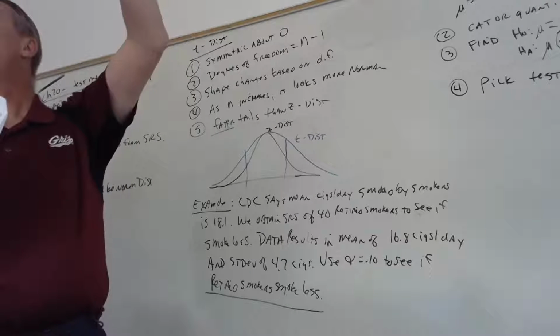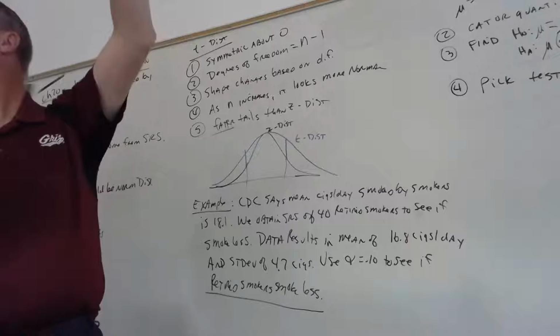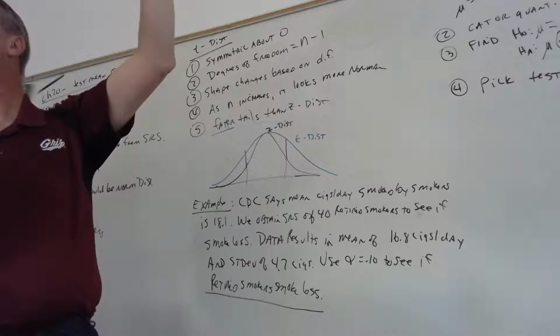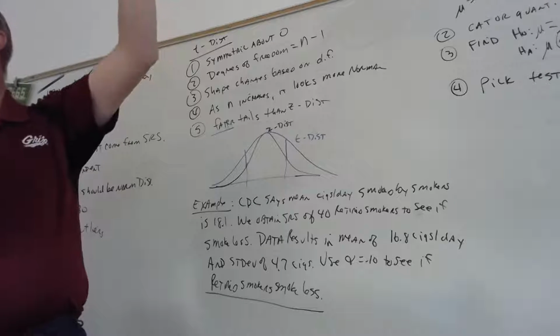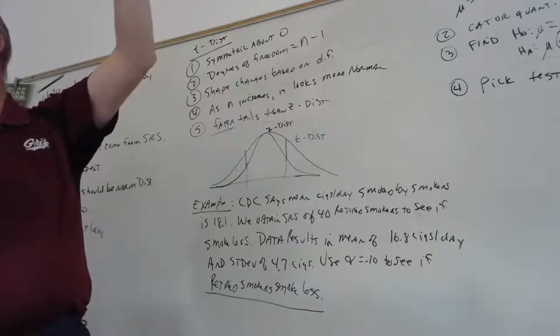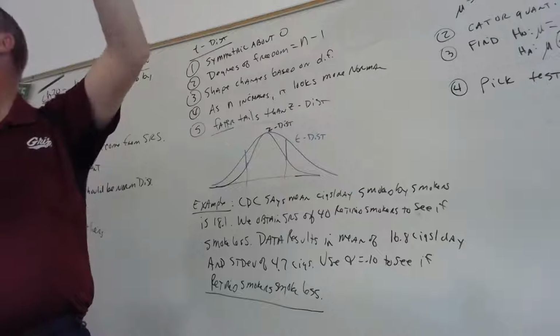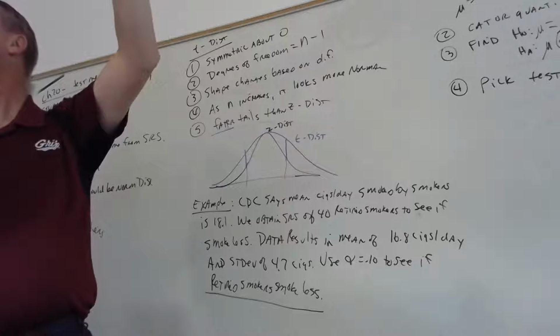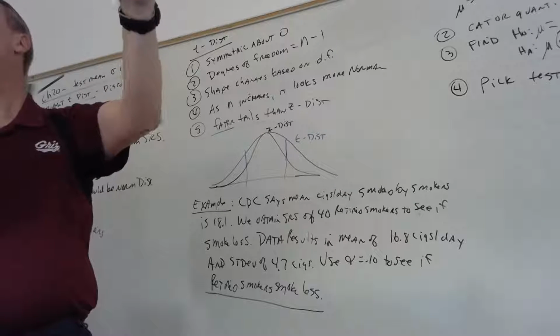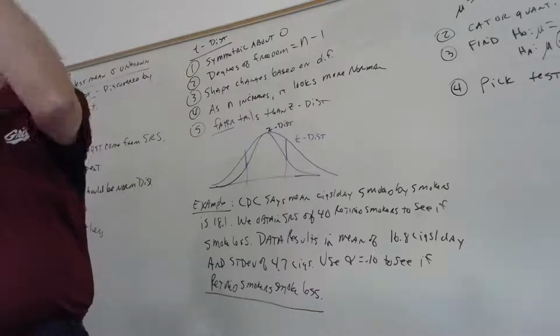But our sample mean is known. So it's either a Z or a T test, right? How do we know? Is the population standard deviation known or unknown? Do we know the population standard deviation? No, so therefore it is a T-test.